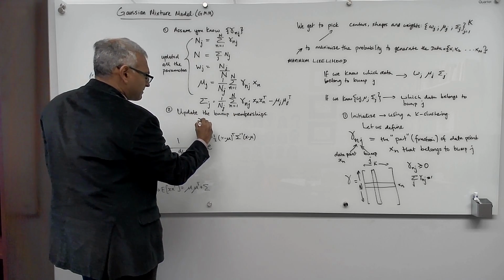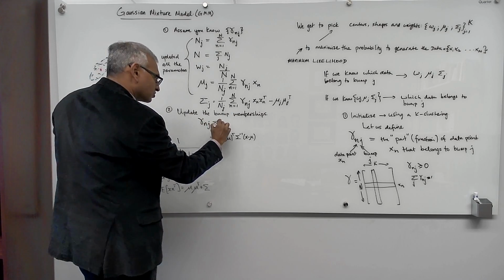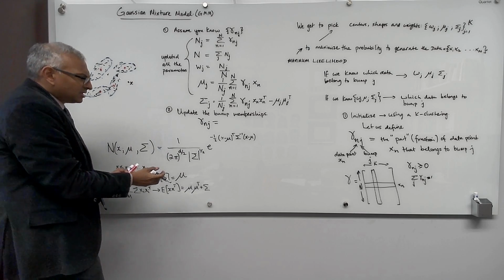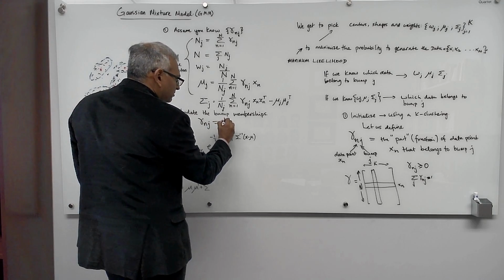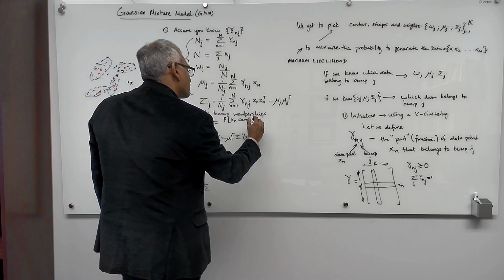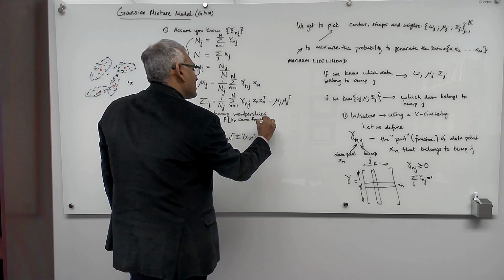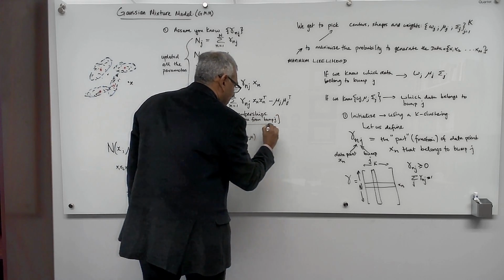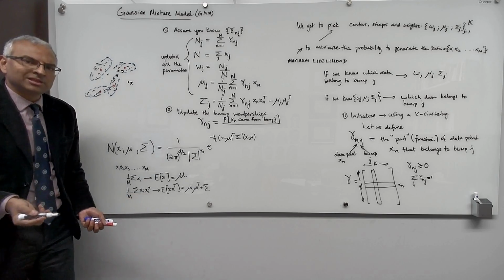Okay. So gamma nj is going to equal, now you can think of the probability density. So the probability is the probability that xn came from bump j, divided by the total probability density.